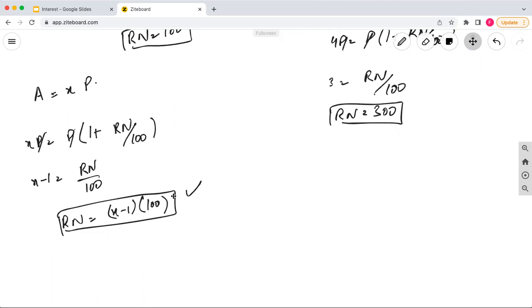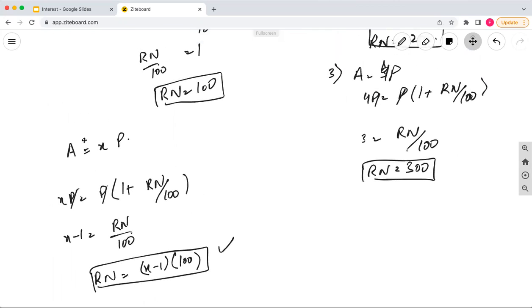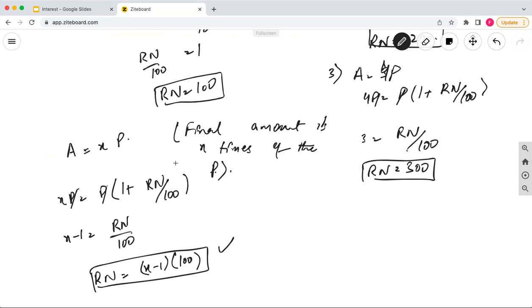What is A here? The final amount. A is what I call the final amount, which is the addition of the principal amount and the simple interest, right? If I tell you again, if our final amount is x times the principal amount, let's call this P, then in that scenario R1 is equal to x minus 1 into 100, where R is the rate of interest and n is the total number of years.